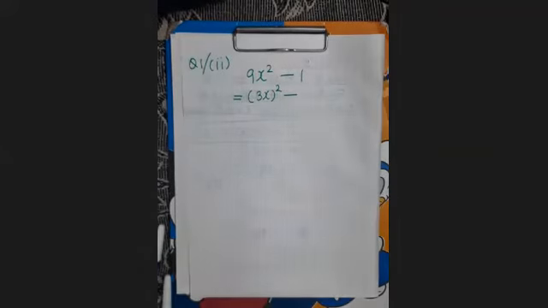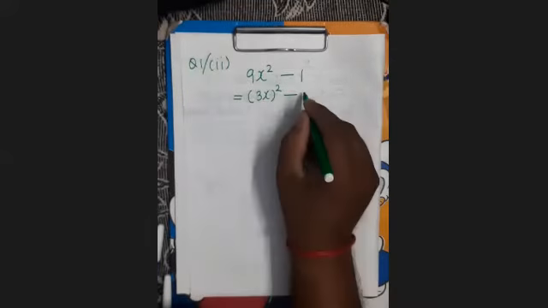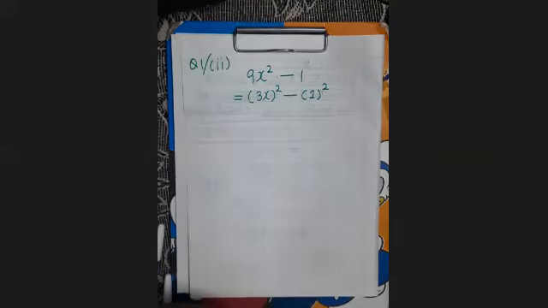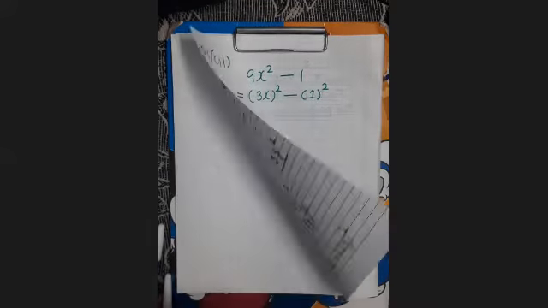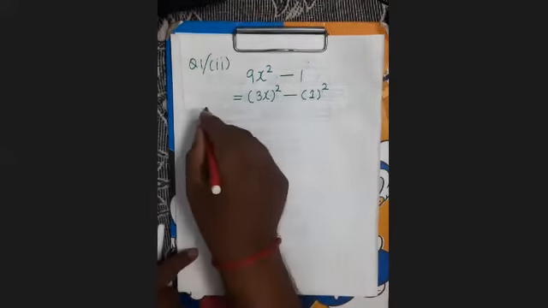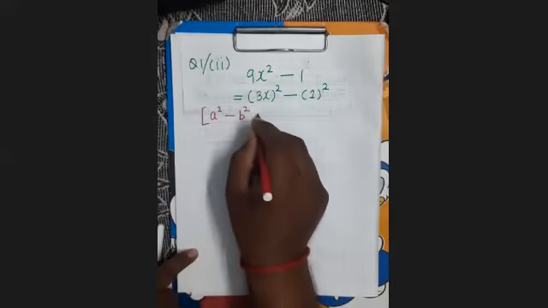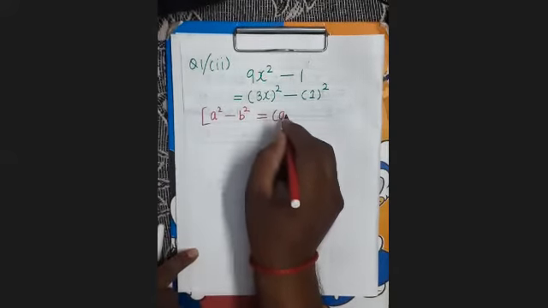Then 1 can also be written 1 का whole square. So you will find that it is of what form? It is of the form a square minus b square, which is equal to a plus b into a minus b.